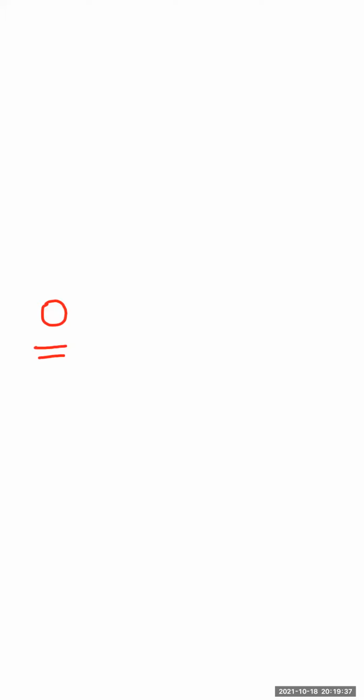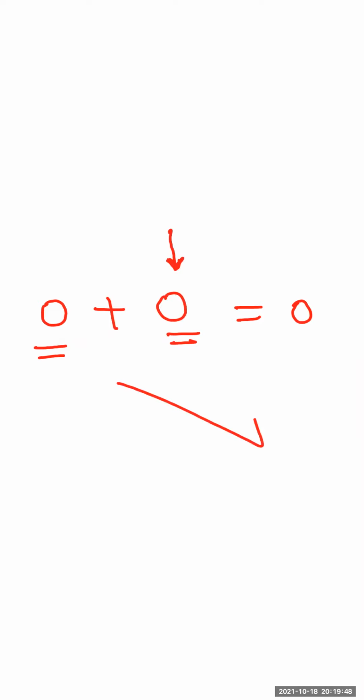The number plus its additive inverse equals 0. So what do you think the additive inverse of 0 will be? 0, exactly. For all numbers we change the sign, but 0 is the additive inverse of itself. Okay, are we clear? Yes.